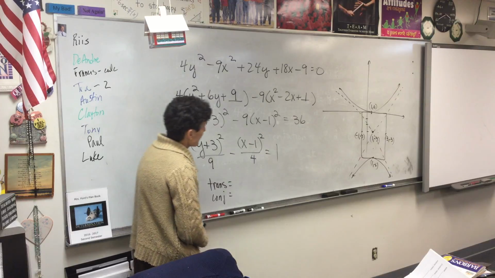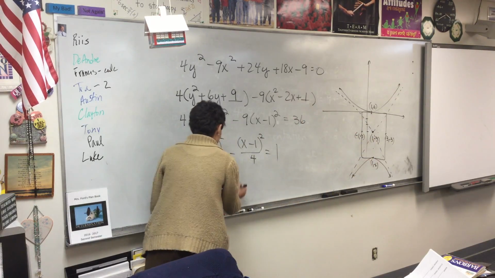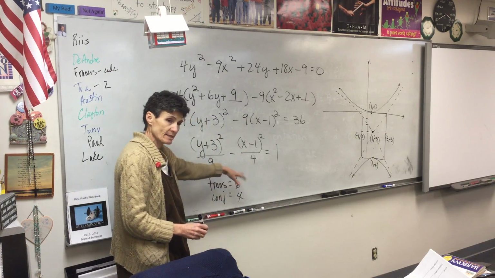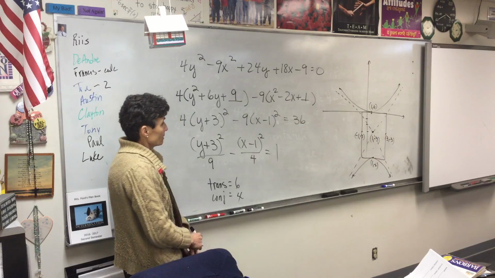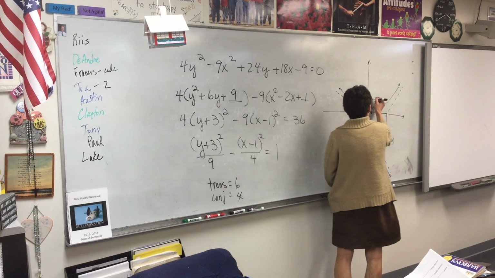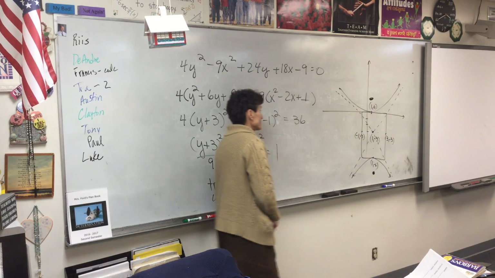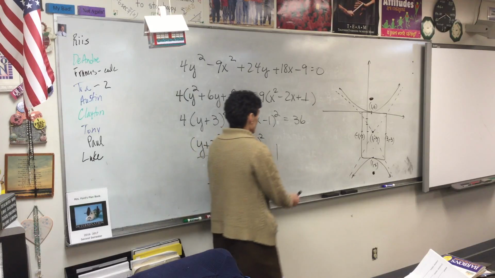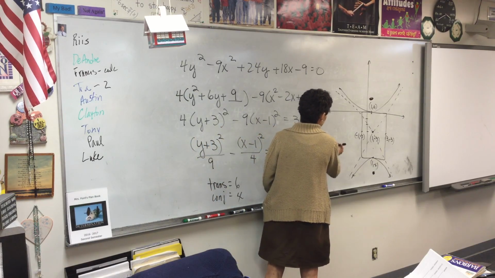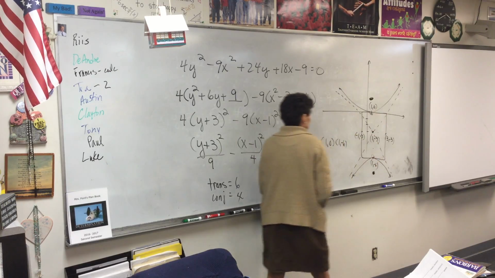The transverse axis is the one that joins the vertices, so it is 6. The conjugate axis is 4. These should be easy points, that's why I put them on there. Now, your foci are inside the curve, behind the vertices. The vertices, by the way, are the points 1, 0, and 1, negative 6. Those two points are your vertices.